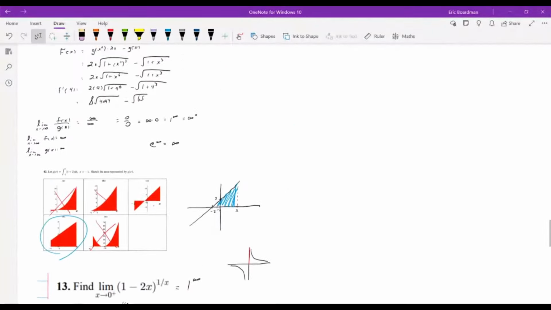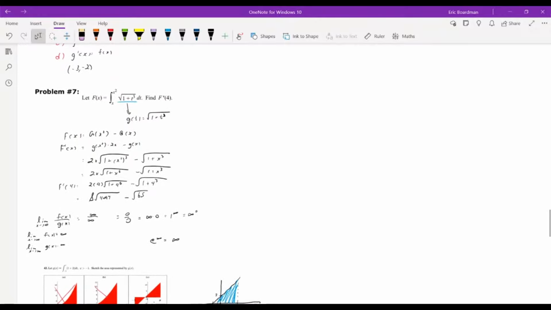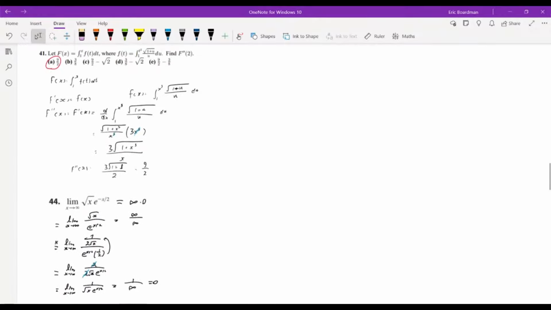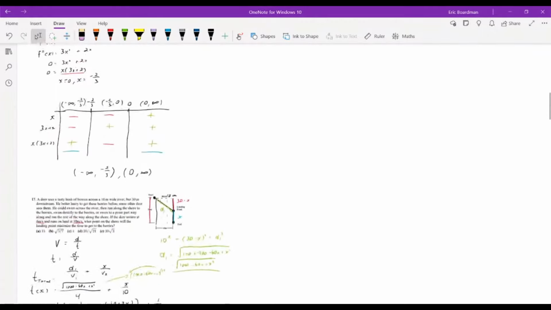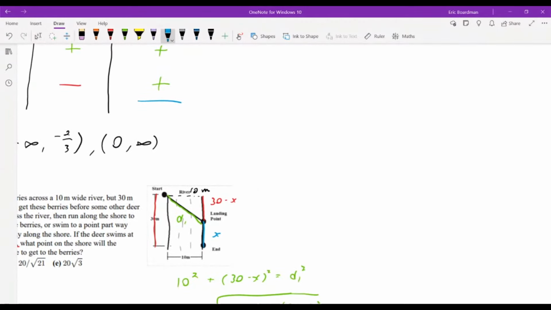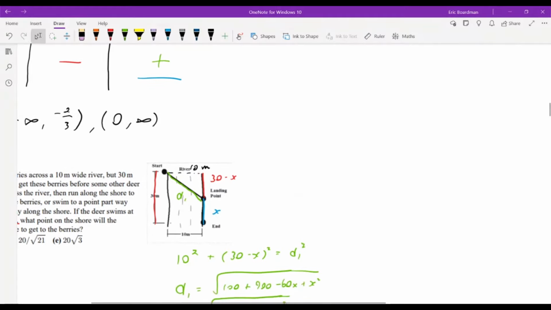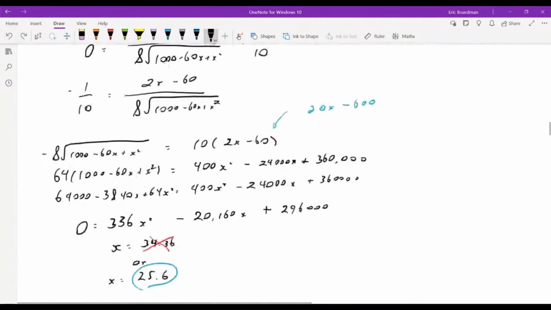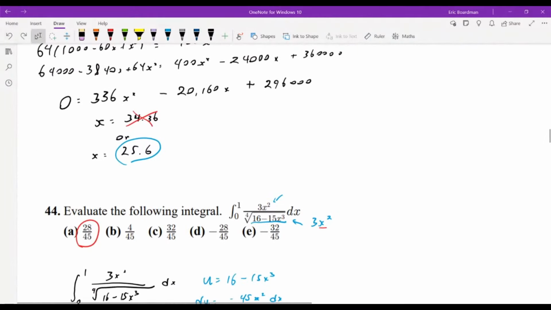Oh, right. So yeah, I got the right answer, but I was looking at this distance, x right here. But the question's asking for this distance. So yeah, the correct distance, let's call it d, is 30 minus x, which is 4.4 meters.